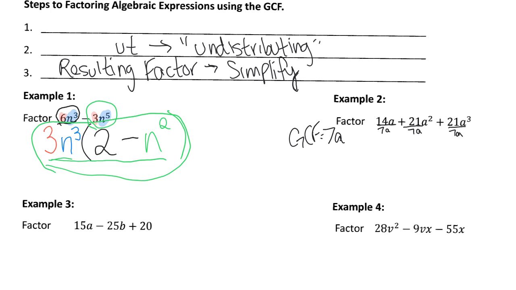Now we have to factor it out, or essentially divide each of these terms by that GCF. And in our resulting factor, we always write our GCF out front, and whatever we have left over is in parentheses. So 14a divided by 7a should be 2. 21a squared divided by 7a is 3a. And then 21a to the third divided by 7a is 3a squared.